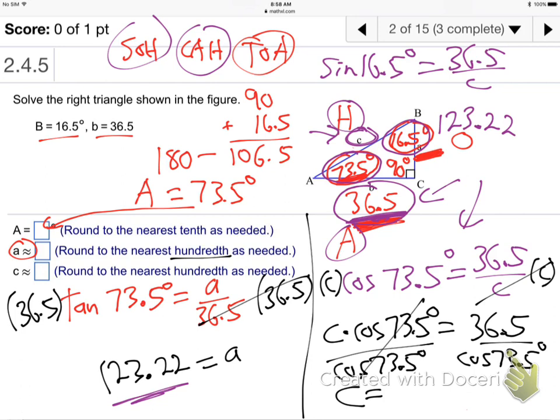Anybody? 128.51. That good? Other people getting that? Yep. All right, there it is. 128.51. Is that okay then? Questions I can answer on that? All is well? All right.